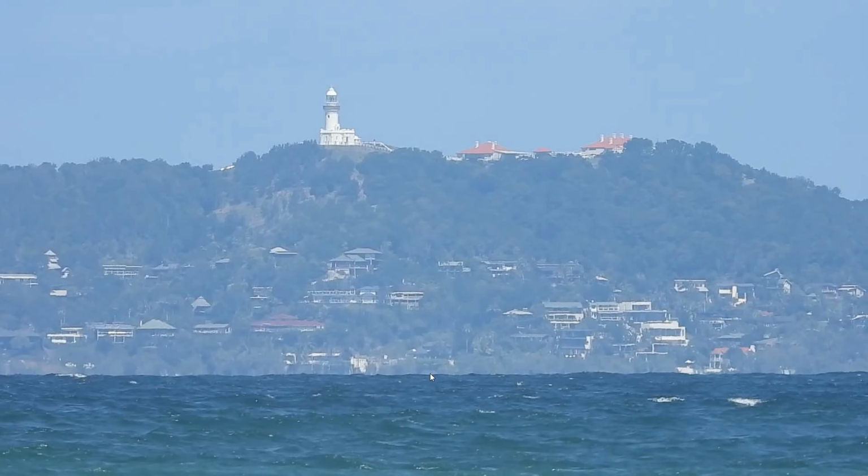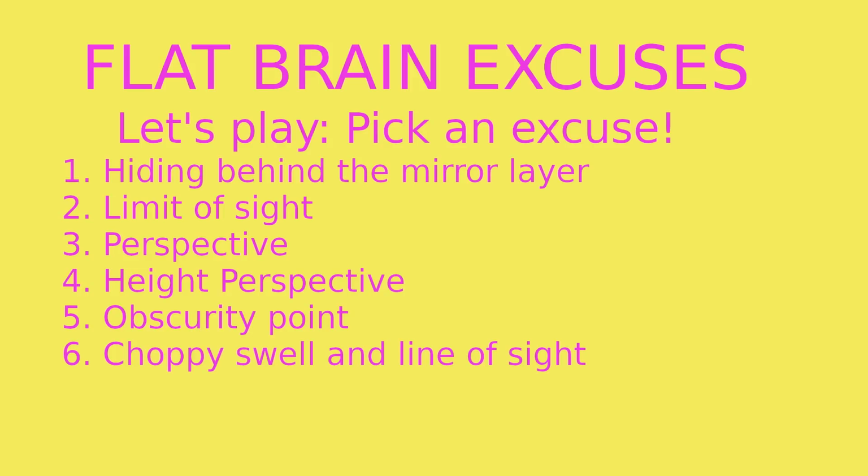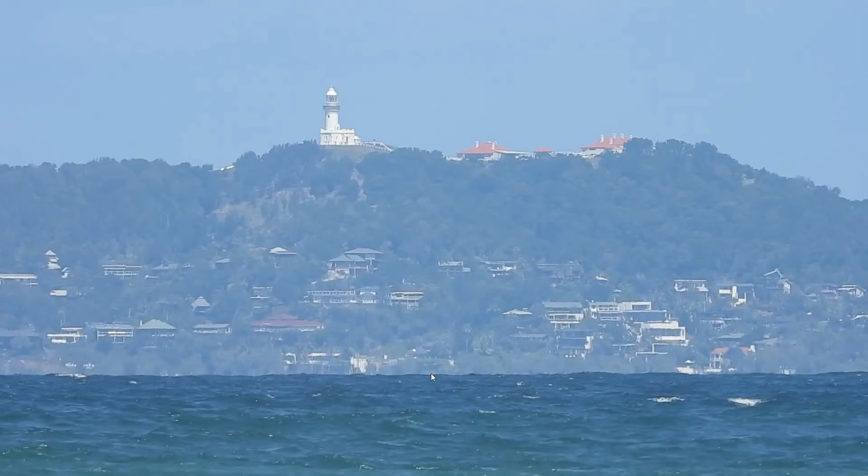Notice how all these excuses are inconsistent with one another. But anyway, let's go on to the next one. Oh yes, perspective. The bottom is hidden because of perspective. So as things get further away, they start to look smaller because of the change in angular size.